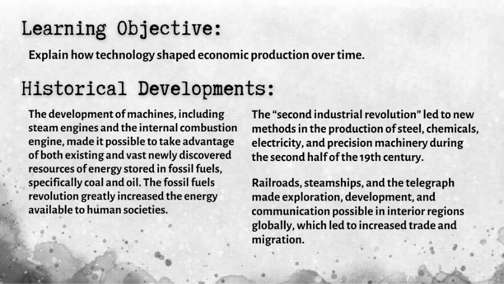The Second Industrial Revolution led to new methods in production of steel, chemicals, electricity, and precision machinery during the second half of the 19th century. Railroads, steamships, and the telegraph made exploration, development, and communication possible in interior regions globally, which led to increased trade and migrations.